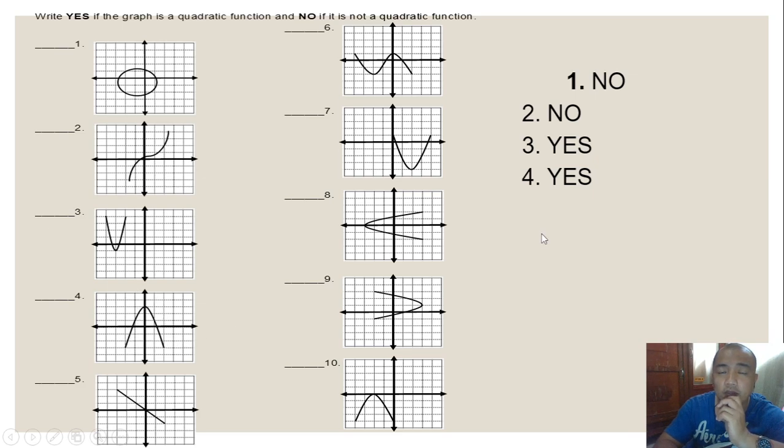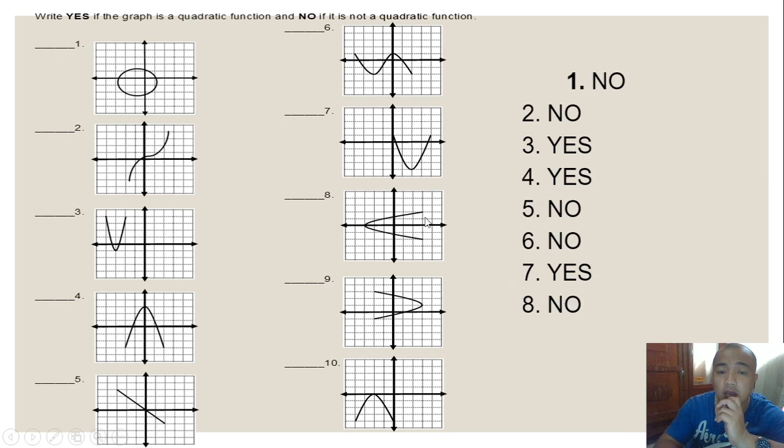How about number 5? What's your answer? No, it's a linear function. Number 6? No, I think that's a sine function. Number 7, yes, it's a quadratic function, a parabola that opens upward. How about number 8? Yes, it's a parabola. Okay, but the answer is no, it's not a quadratic function.